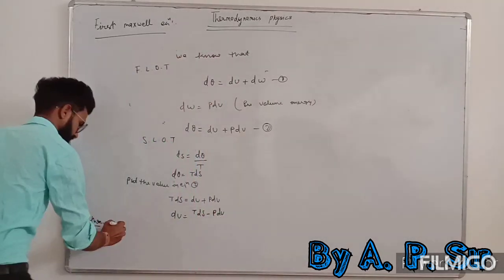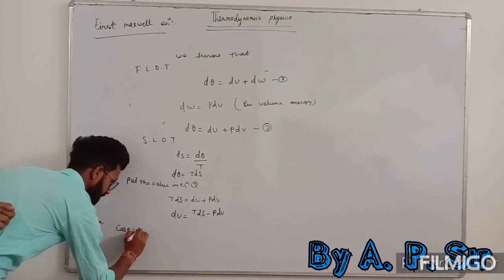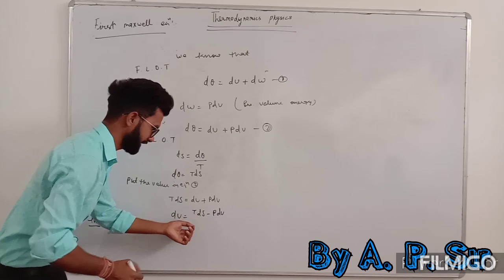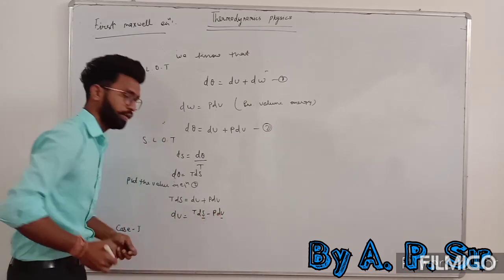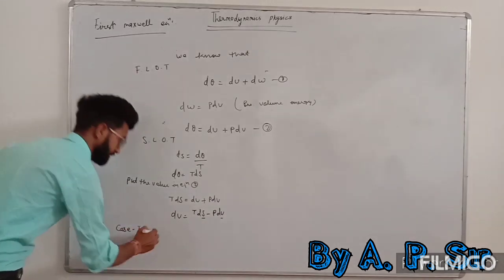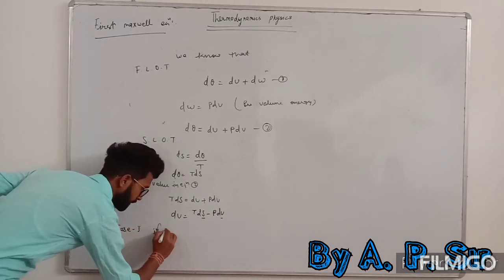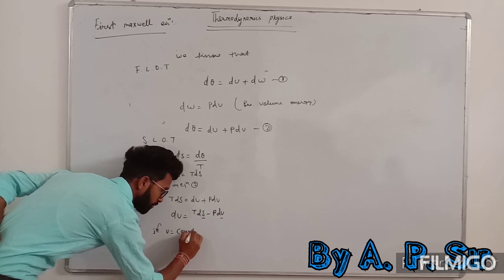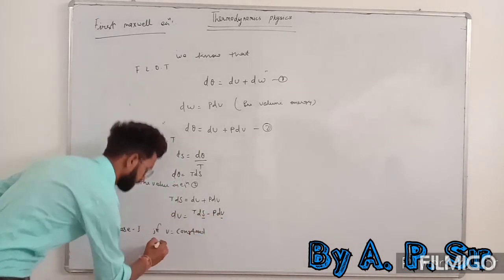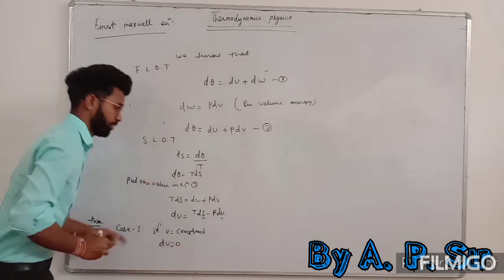In the first case, we have two coordinates S and V in differential form. The first case is if V equals constant, then the differential of V is equal to 0.